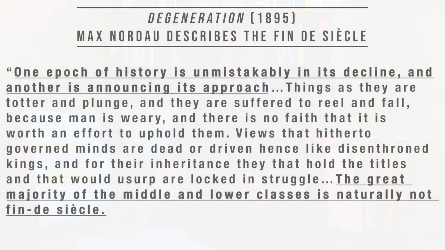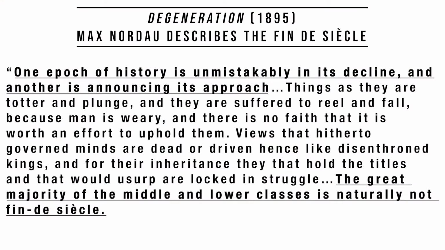And he writes, "One epoch of history is unmistakably in its decline, and another is announcing its approach." And then at the end, and this is very important, he says, "The great majority of the middle and lower classes is naturally not fin de siècle."